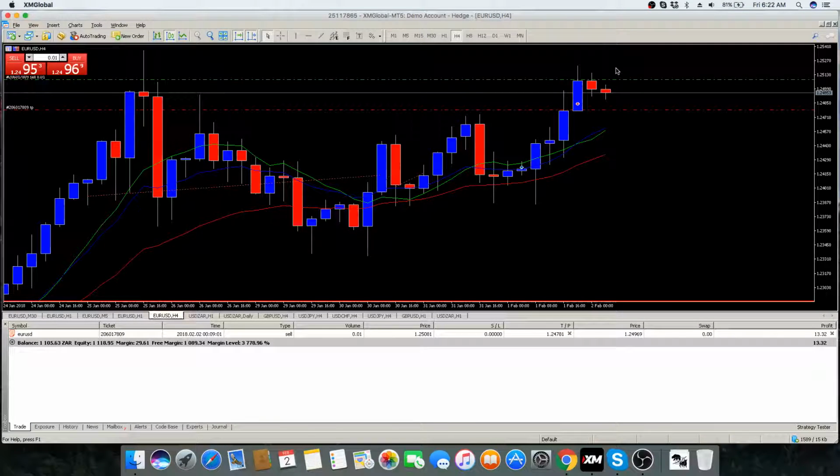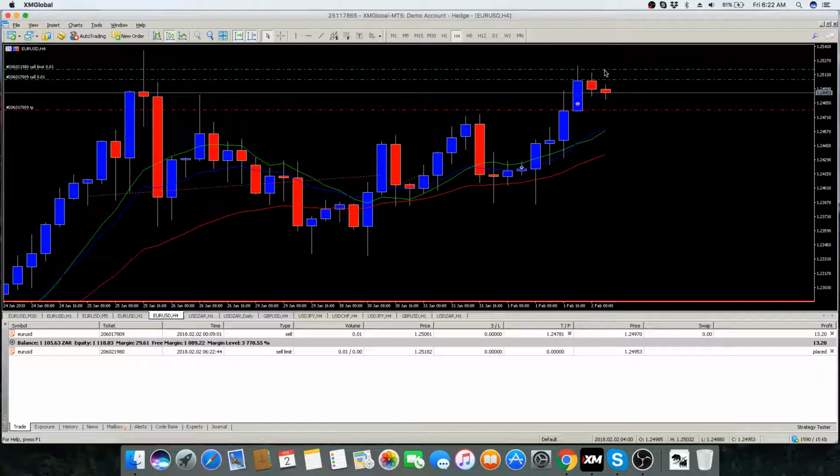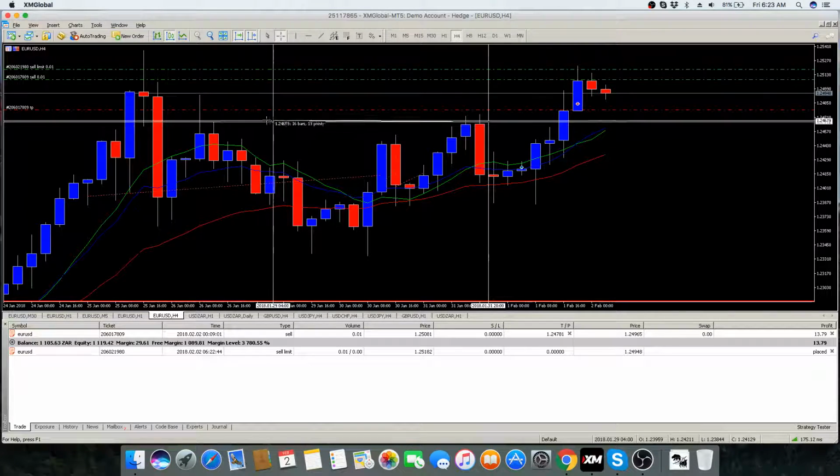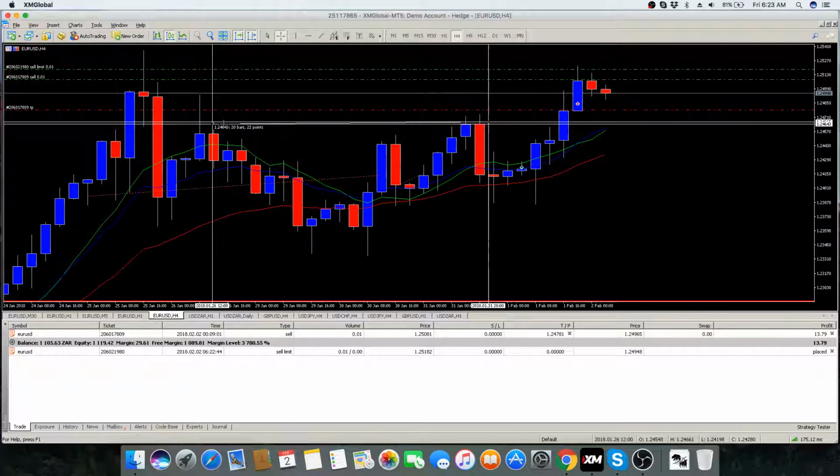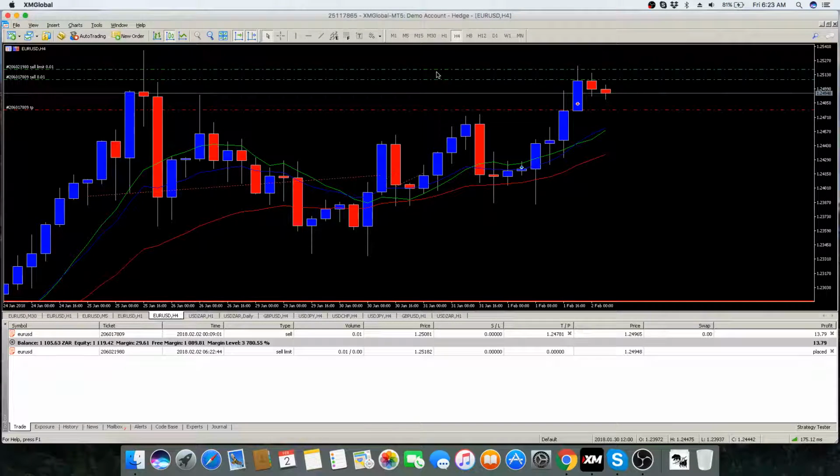So now I'm setting a limit order to sell the market. It didn't appear, but there it is. I'll sell the market if I get over here. And an interesting place to buy looks to be around here, because I see this place could become support later on, since it was resistance and it was support. So I could set a buy limit over here.